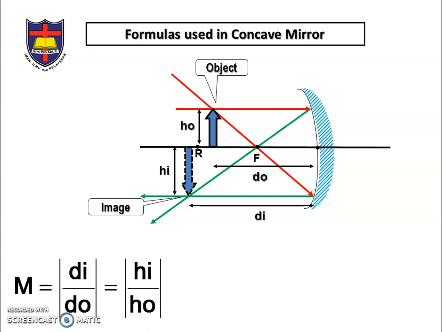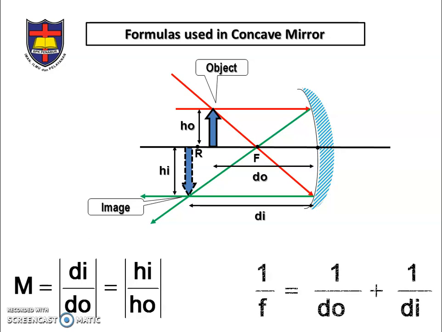The formula is M equals the absolute value of di over do, equals the absolute value of hi over ho, where M is the magnification of an image, di is the distance of the image to the mirror, do is the distance of the object to the mirror, hi is the height of the image, and ho is the height of the object.